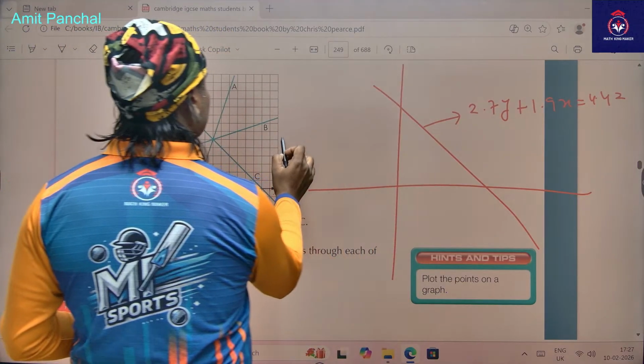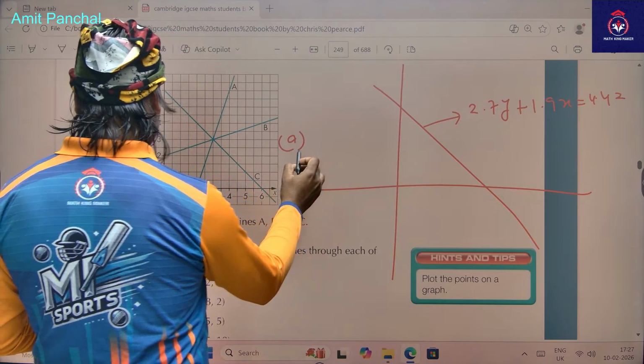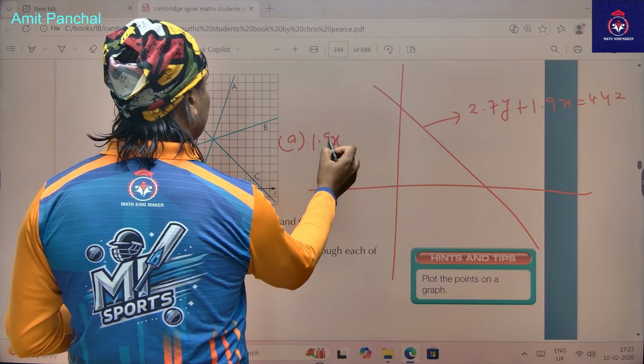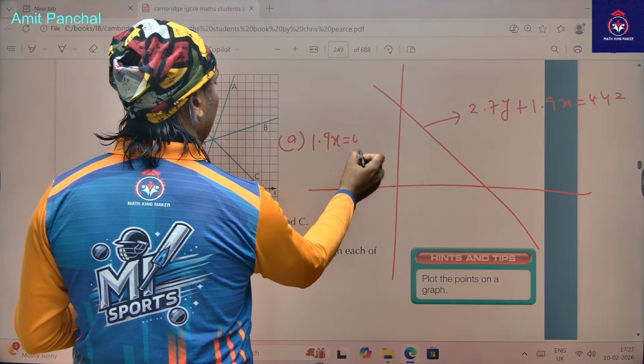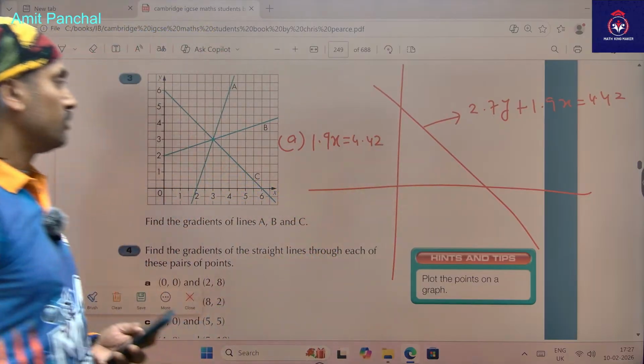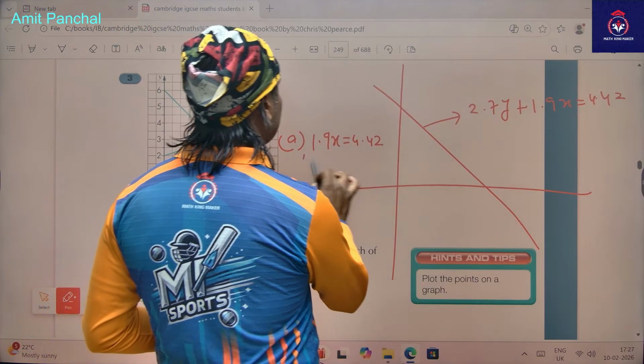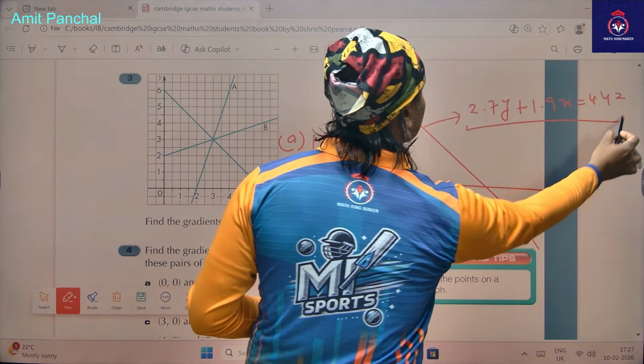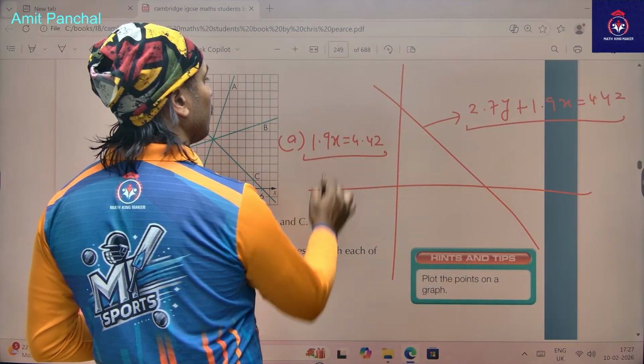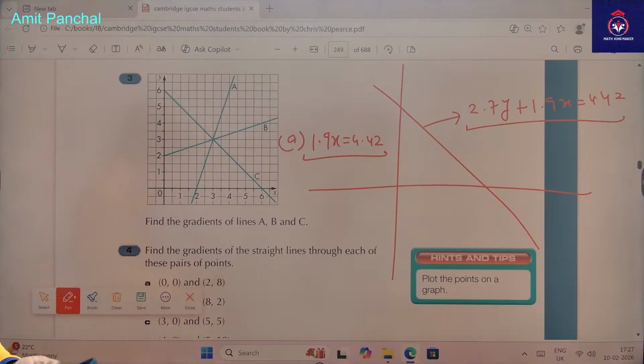And an equation is given to you, 1.9x equals 4.42. So now you have to solve these two equations. The first question is 1.9x equals 4.42. The second one is 2.7y equals 4.42. And the third one is 2.7y plus 1.9x equals 4.42. So resolve three of them.